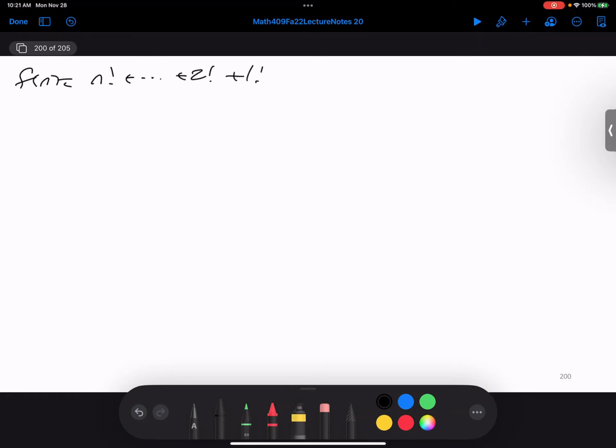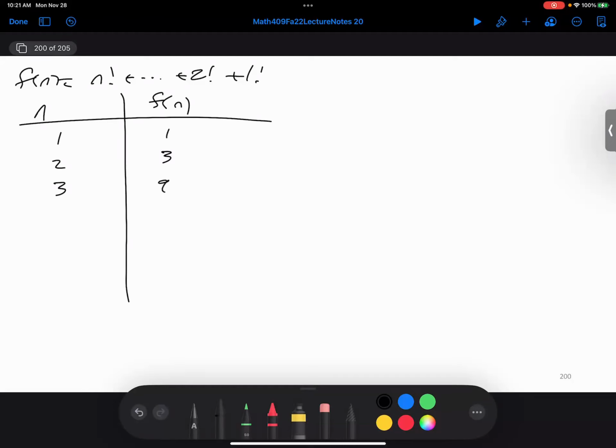So we have for this problem, Fn is n factorial plus dot dot dot plus 2 factorial plus 1 factorial. So we should make a little table, n and Fn. So 1, 1. When n is 2, we get 3. When it's 3, we add 6, we get 9. When it's 4, we add 24 and get 33.